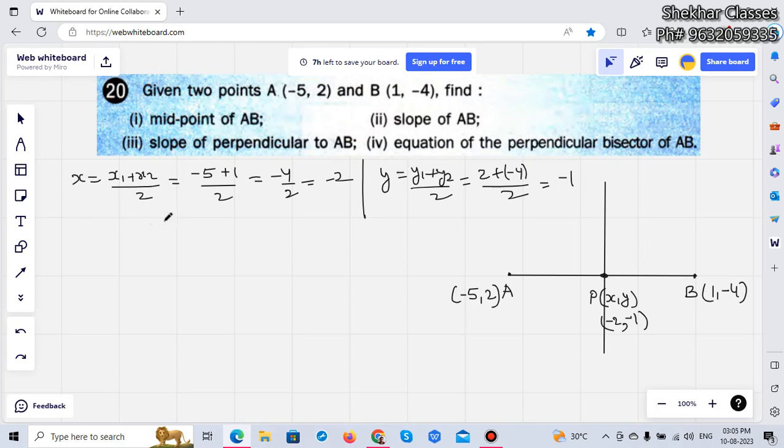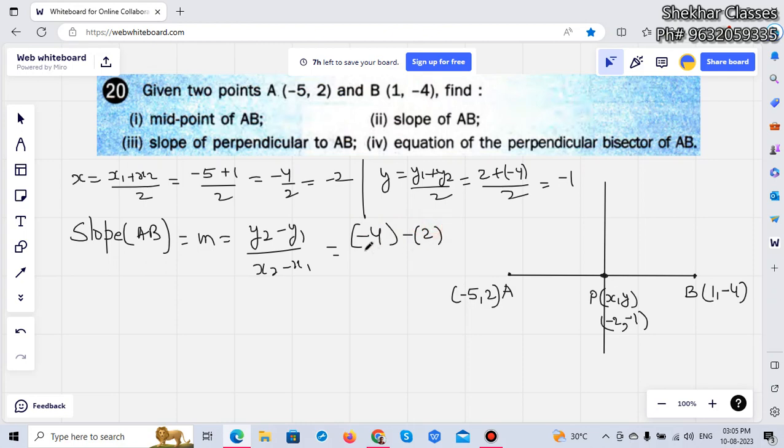Slope of AB. So how do you get the slope? Slope of AB is nothing but m, and that is (y2 minus y1) upon (x2 minus x1). What is y2? Minus 4 and minus 2, upon 1 minus minus 5.